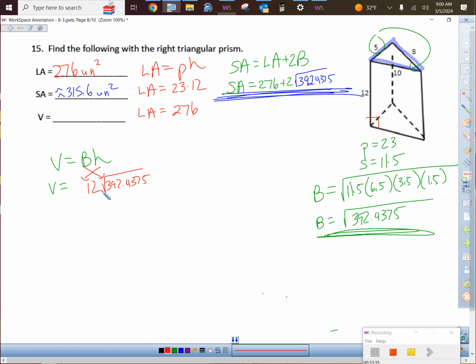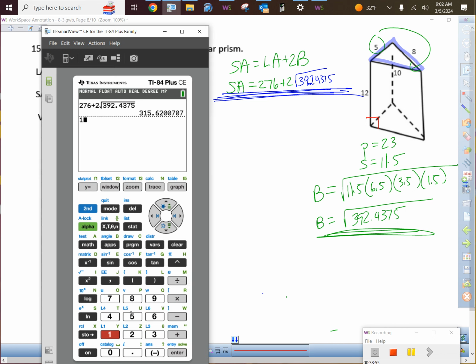Radical should come last. I don't want that in the blank either. It's just too long, so punch it in and we'll put the approximate answer in the blank, but it needs to be written on your work shown. So 12 square roots of 392.4375. Did you get this? Let me show you. That's the right answer, 237.7.